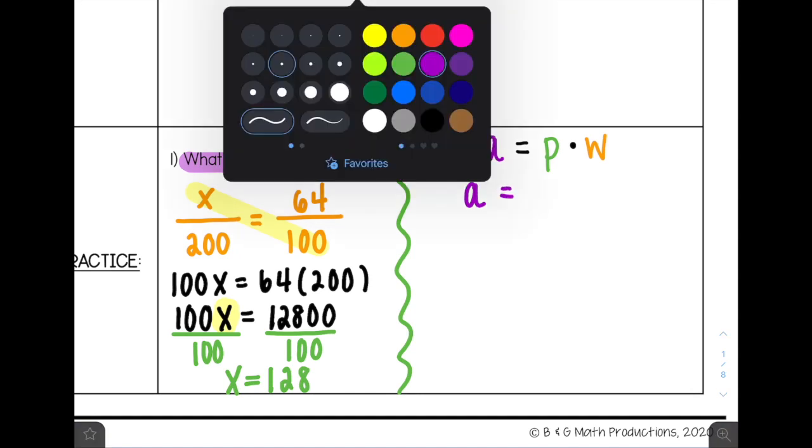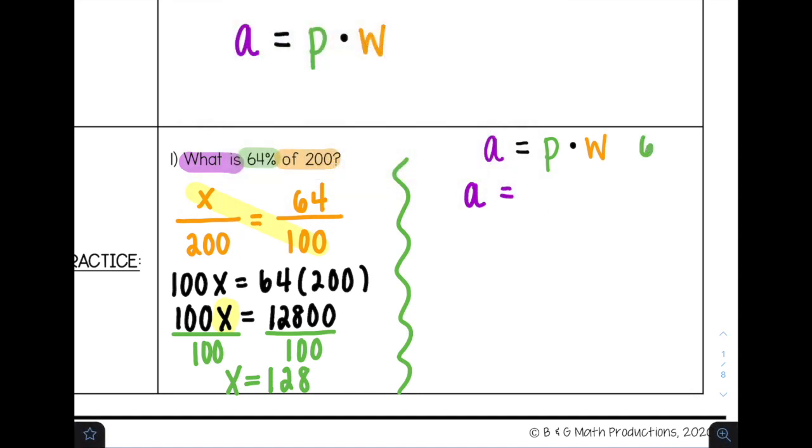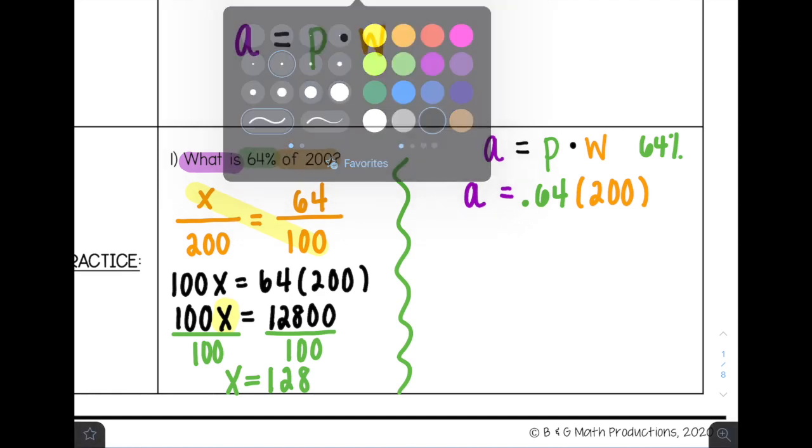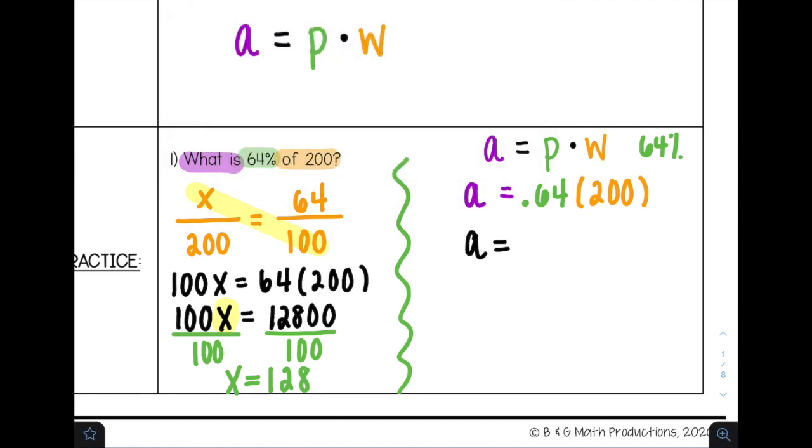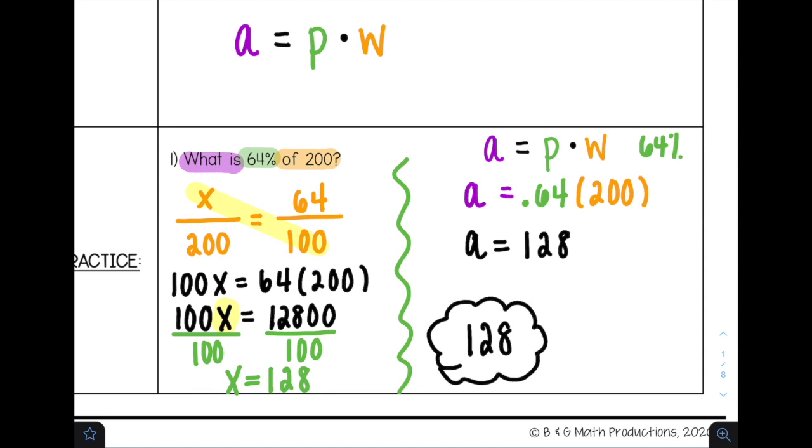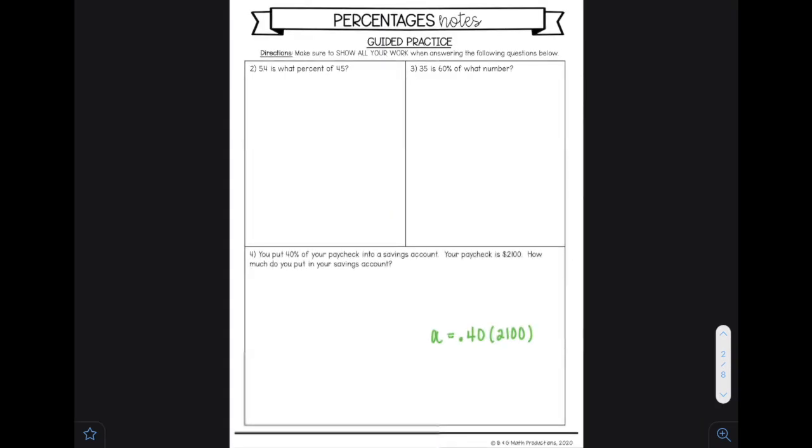Our percent as a decimal, our 64% turns into 0.64, which gets multiplied by your 200. So now we have A equals 0.64 times 200. You are going to get 128. So both answers, or both, I should say both methods, is going to give you the answer of 128. Let's try the next one.